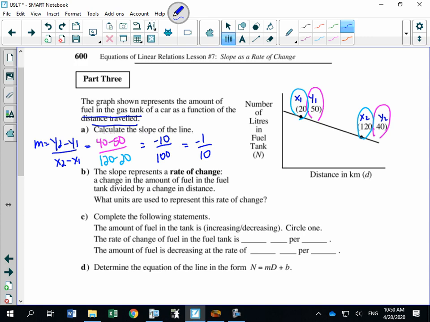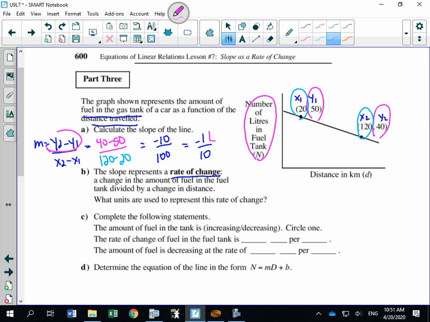But now let's figure this out as a rate of change, right? So rate of change means we're dealing with a real life situation. So in my numerator, that's where the y-axis is, and that was dealing with the number of liters in my fuel tank, right? So the number of liters.